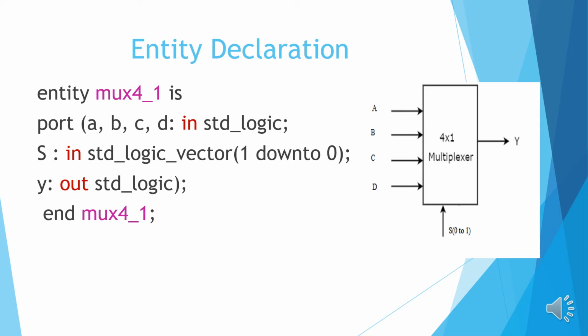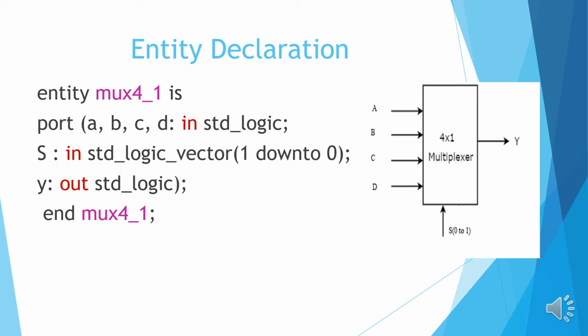Entity declaration is used to describe number of inputs and outputs to any system, any circuit. Syntax for entity is, first word is entity, entity name is port, input and outputs, colon, direction of input outputs, and data type.